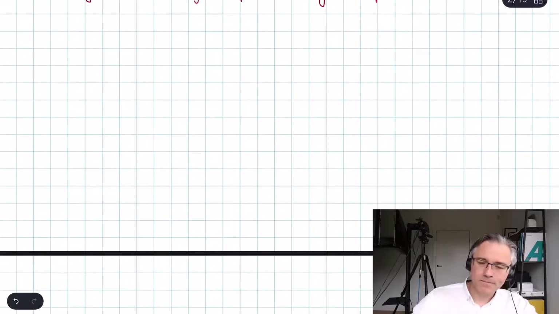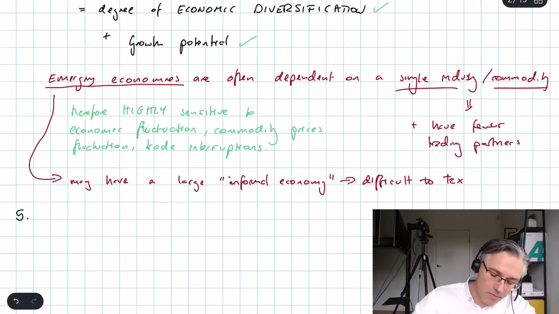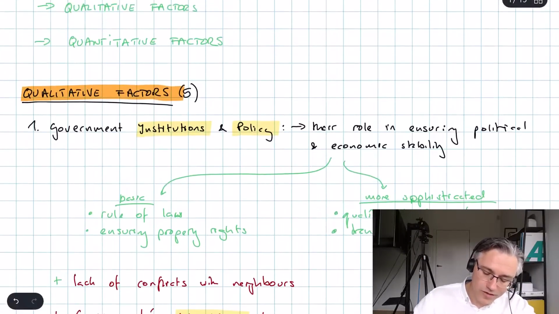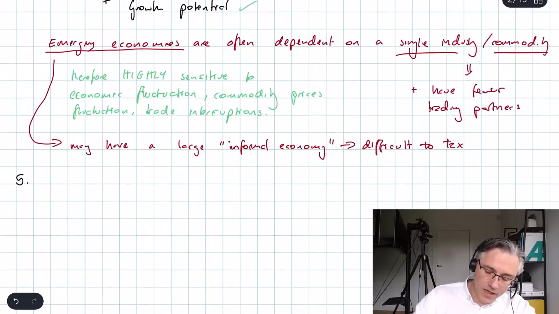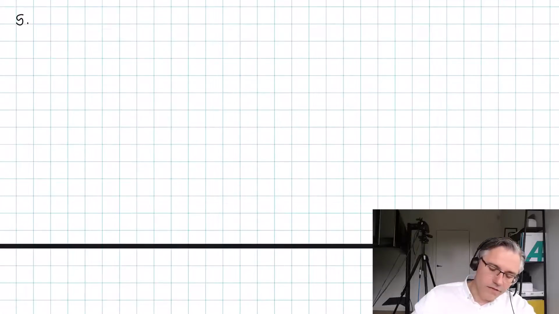Right, and for the fifth and final of the 5 so-called qualitative factors when examining the credit risk of sovereign issuers, the 5th one is external status.